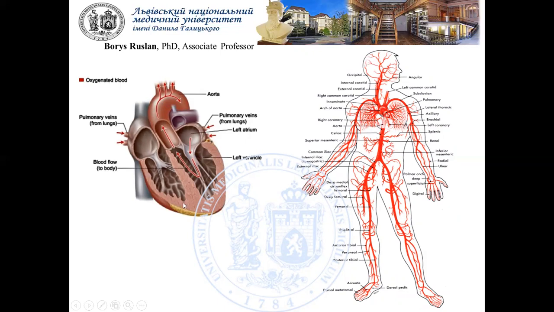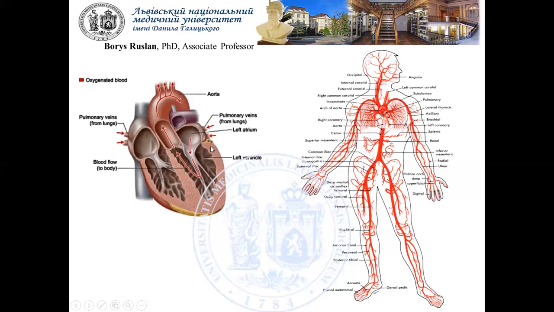Like I said, the blood in the heart is not mixed in the norm. The left part of the heart contains just arterial blood, the right part of the heart just venous blood.